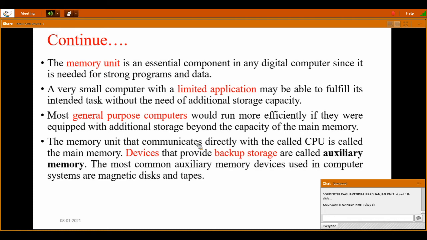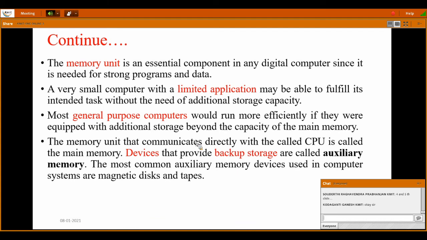Most general-purpose computers would run more efficiently if they were equipped with additional storage beyond the capacity of the main memory. The memory unit that communicates directly with the CPU is called main memory; devices that provide backup storage are called auxiliary memory.